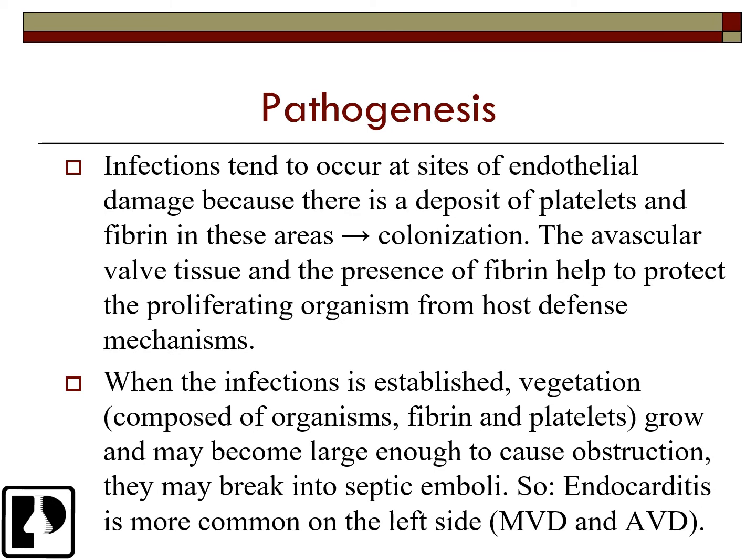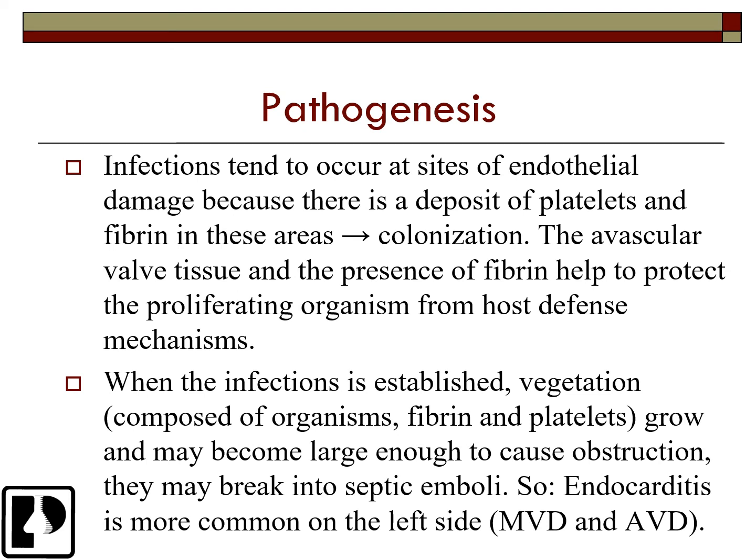Pathogenesis. Infections tend to occur at sites of endothelial damage because this is a deposit of platelet and fibrin in this area. Okay, so the area of endothelial damage is a rough surface, and this is very important. Rough surface, not a smooth surface. So the colonization of the bacteria in this area is very common and very easy.